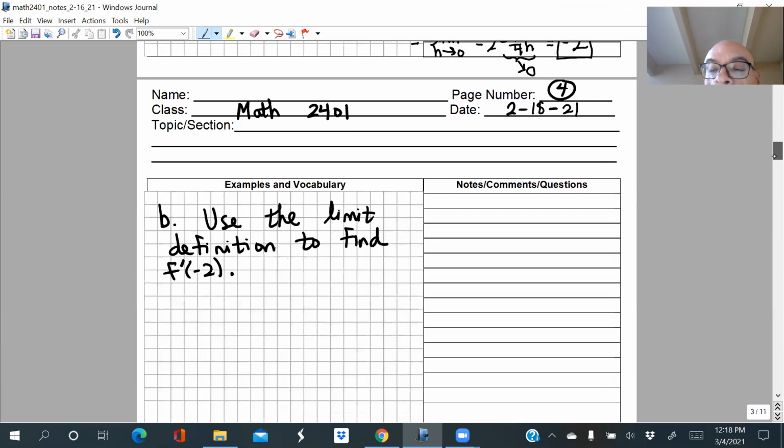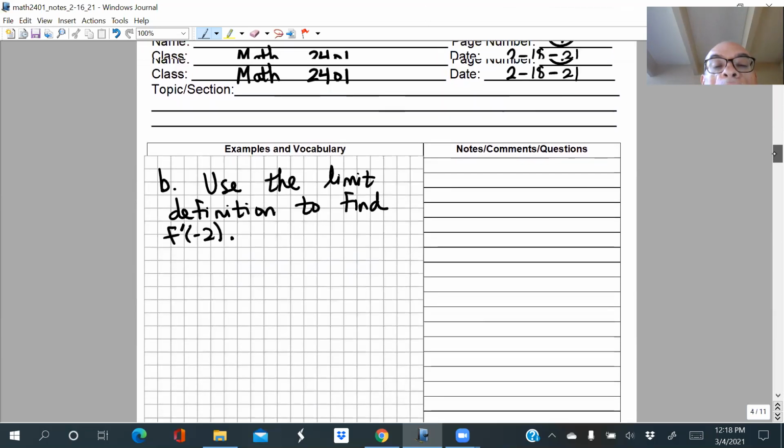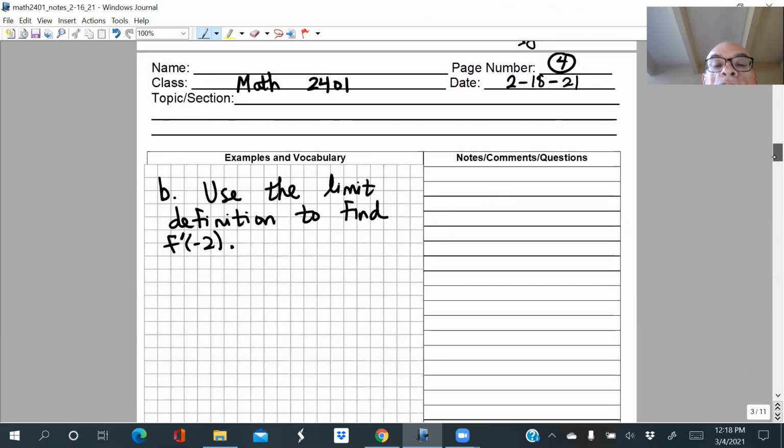All right, I want to try that again now. Once will not do it, so we have to practice this a little bit. So now we want to find f prime of -2 for the same function. We already found this last time. What's the instantaneous rate of change at -2? Remember, my function is, I forgot what the function was.